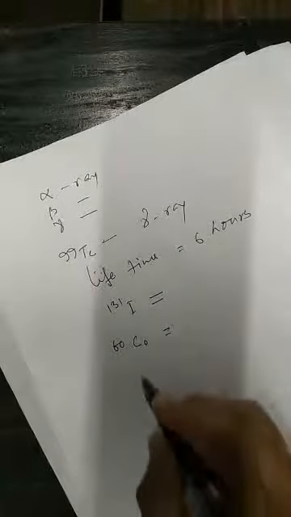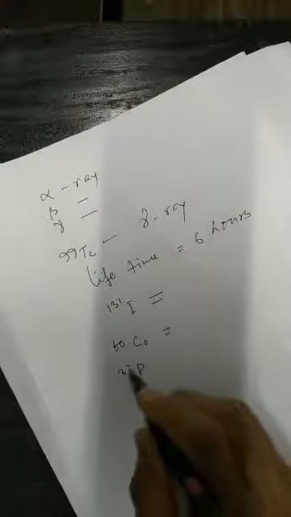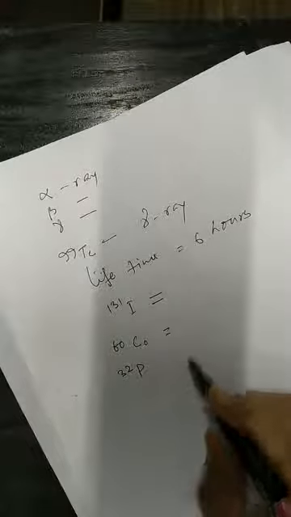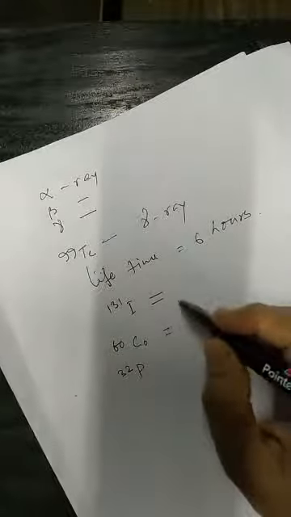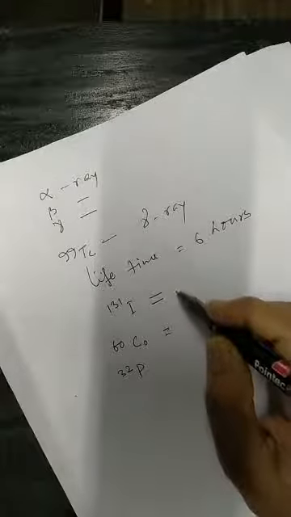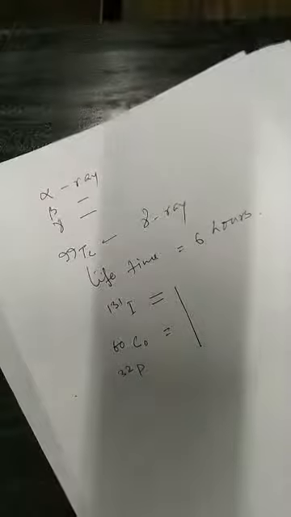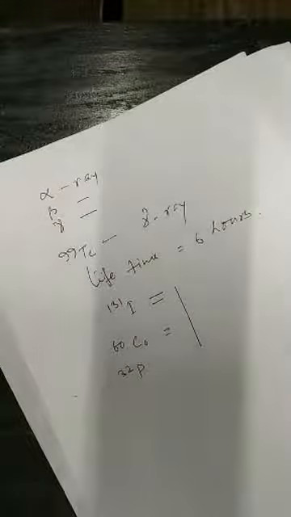Then phosphorus-32. These are isotopes. Phosphorus-32 is used for the treatment of leukemia. So how beneficial roles are played by this radioactive isotope, that is radiation produced by this isotope. These are the medical areas where we find the application of isotope.